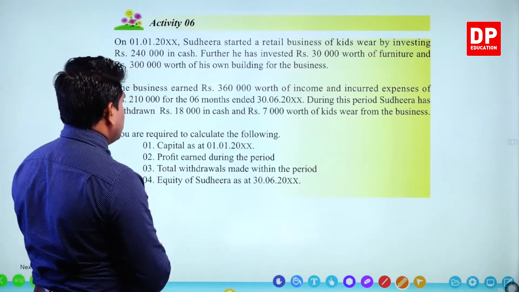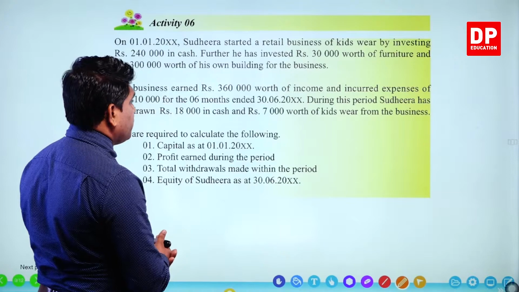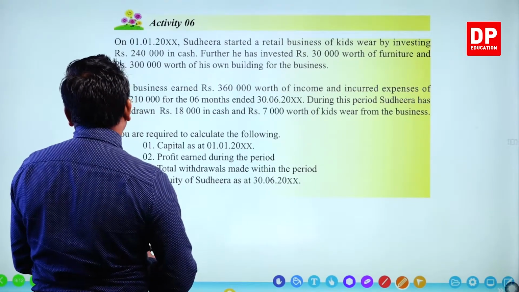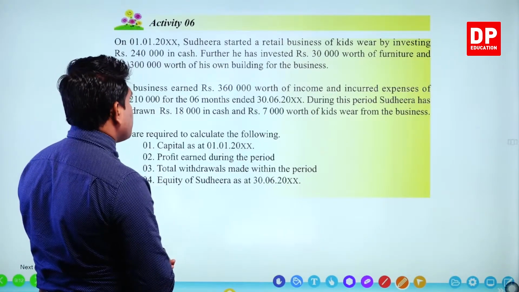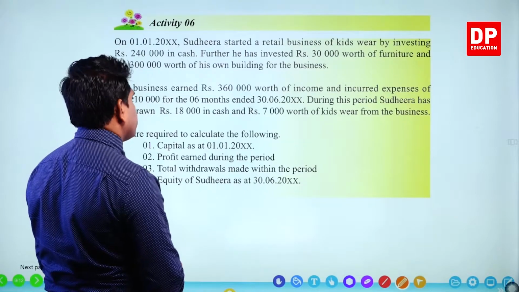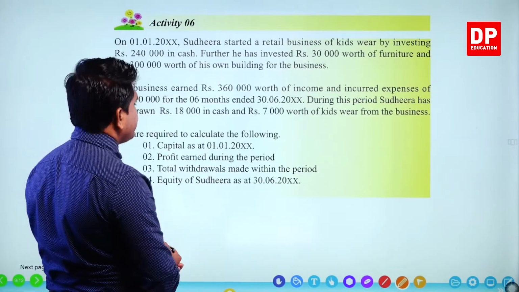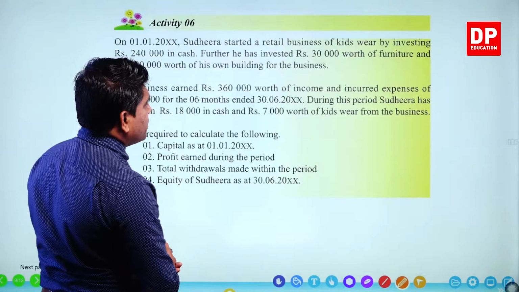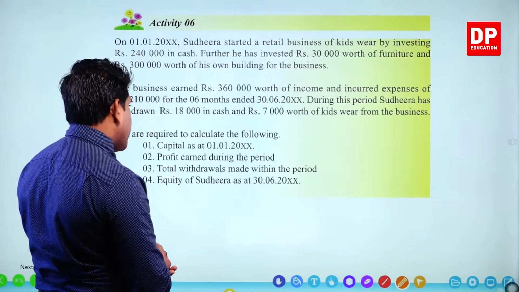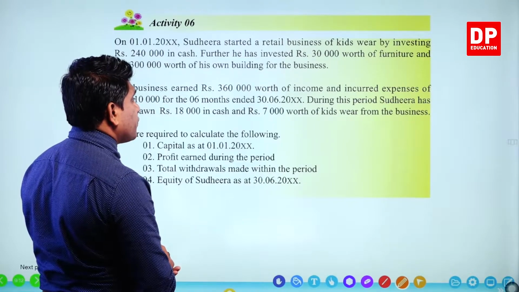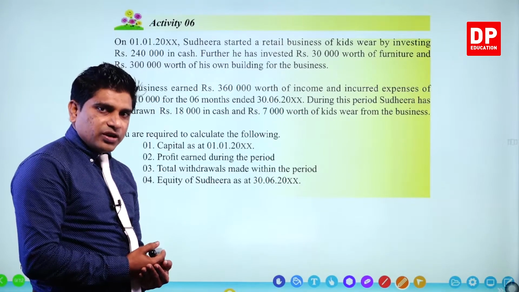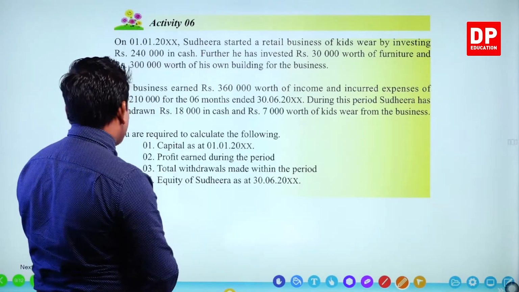The business earned 360,000 worth of income and incurred expenses of 210,000 for the 6 months ended 30th June 2020. You can put any year, right? During this period, Sudhir has withdrawn 18,000 in cash and 7,000 worth of kids wear from the business. Withdrawn means it's called drawings. These are the questions they ask.